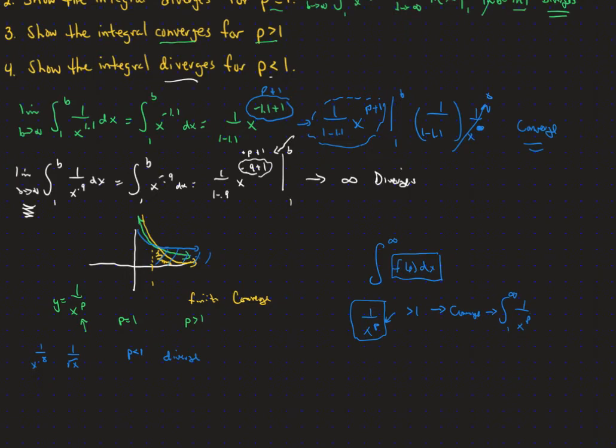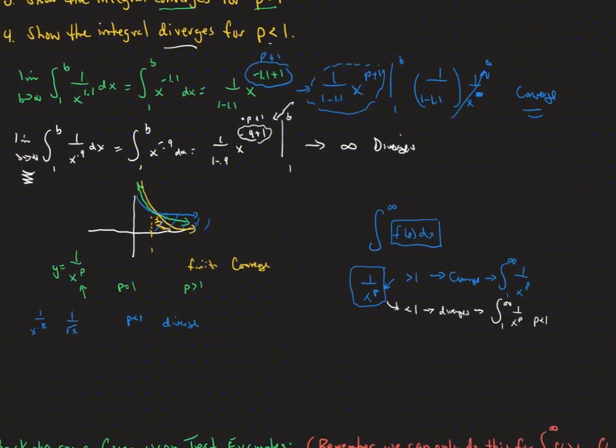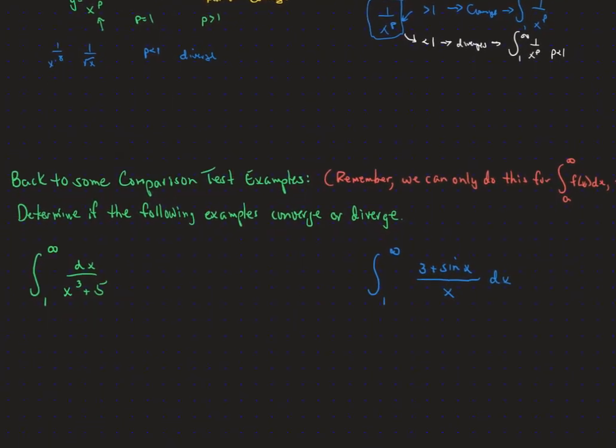Similarly, if we see that it's going to act like a power function with p less than 1, we're going to suspect that it diverges, and we're going to look for a comparison function that is 1 over x to the p with p smaller than 1. Let's do some examples and see how this might look.